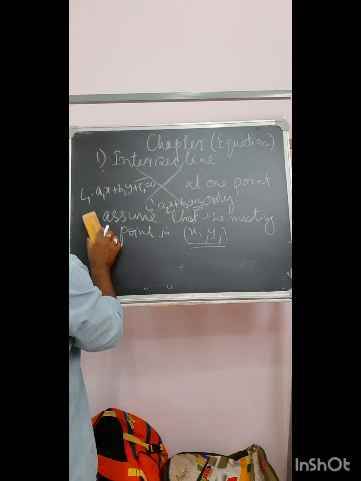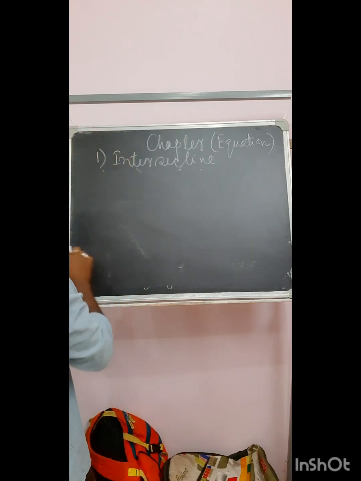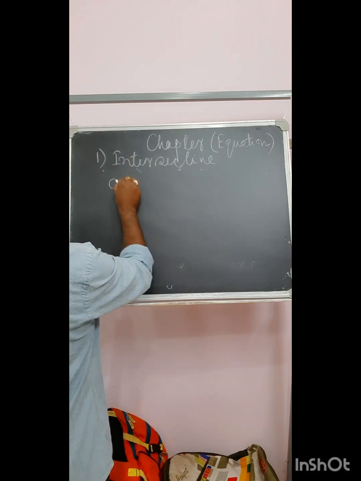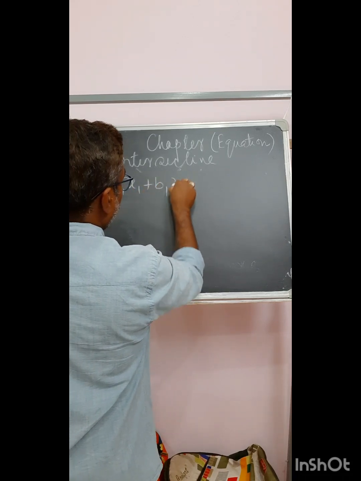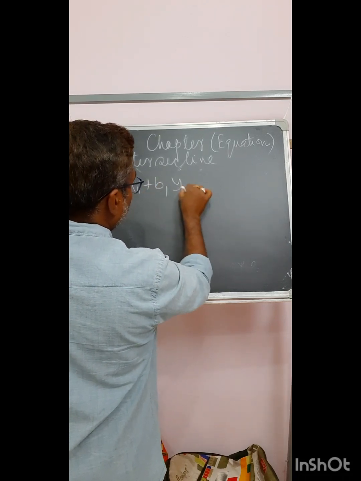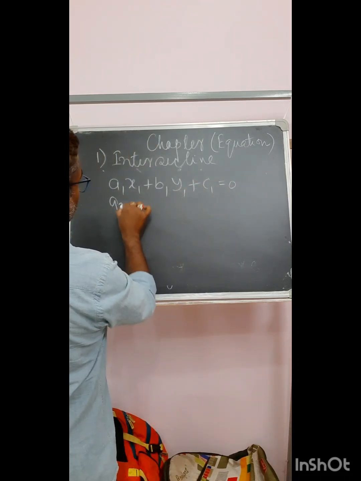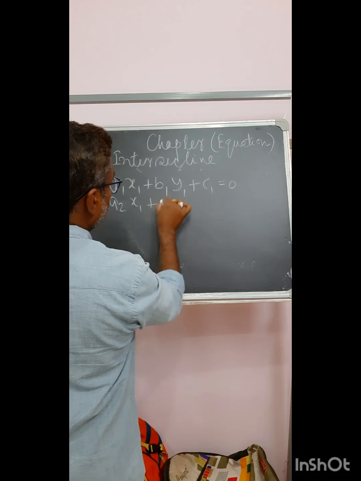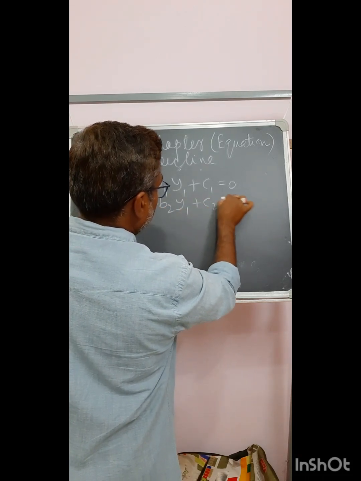So by putting x1 and y1 in both the equations, I will get a1x1 plus b1y1 plus c1 equal to 0, and the same, a2x1 plus b2y1 plus c2 equal to 0.